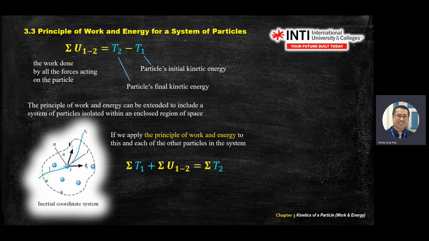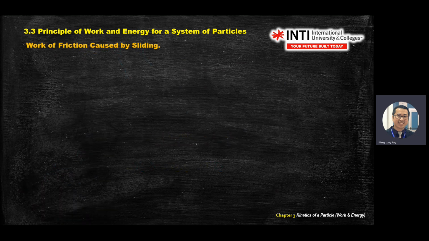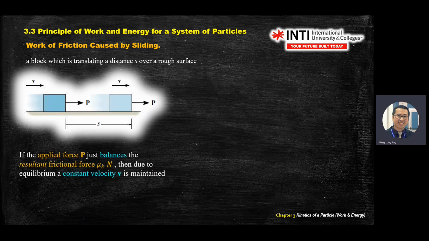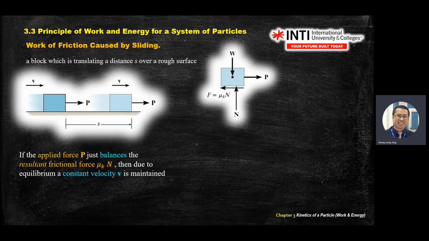Now, again, just now we worked with force. We have friction force, because friction force also can create work. If you look at the diagram, the object moves from left to right, and there is a force acting below along the contact surface.